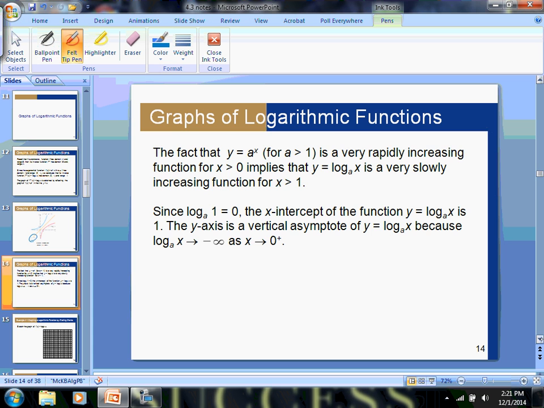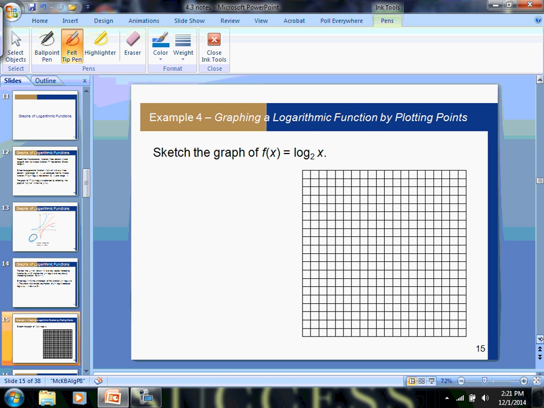Okay. Now, I have a little tip for you for when you're actually graphing logarithmic functions. This one we have the function f of x equals log base 2 of x. Think of this as y equals log base 2 of x. And then even rewrite it because I don't know my log base 2 tables very well. Usually we pick values for x and we put them into the function to get a specific y value out.